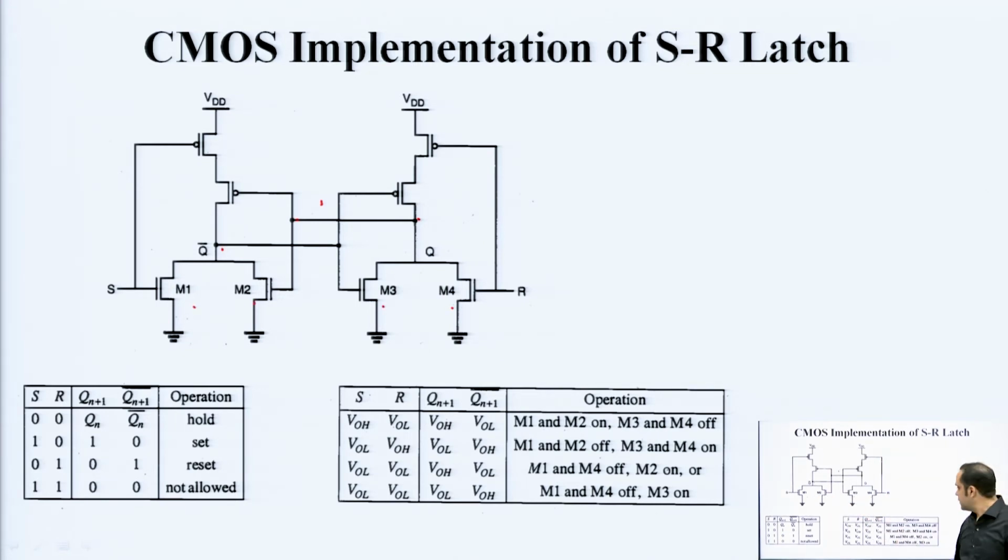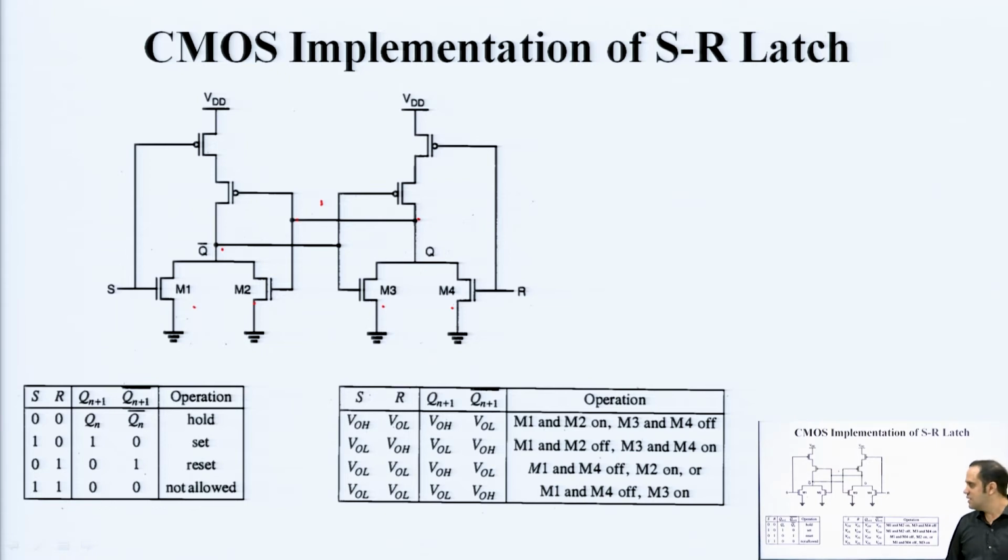Vice versa, when S is at output low and R is biased at output high, M1 and M2 become off, and M3 and M4 become on. If both are biased at output low, we are not considering output high for both, because that is forbidden. When both are at output low, there are two cases depending upon what the previous output was.